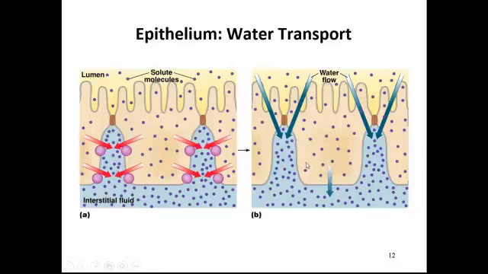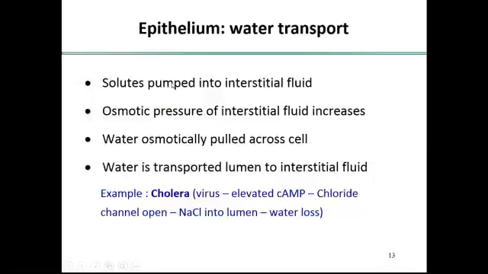Here, if we look at this slide, when the solute is pumped into the interstitial fluid, the osmotic pressure of the interstitial fluid would increase because you have more solute there and the water concentration is decreased. Therefore, osmotically, the water molecules will be pulled across the cell into the interstitial fluid. And that's how the water is transported from lumen to the interstitial fluid.